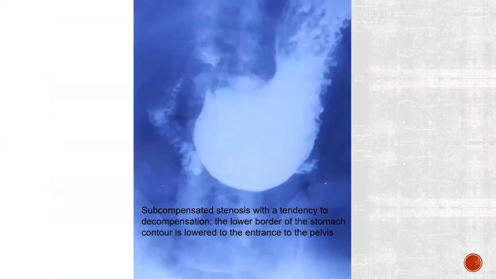The symptom of ulcerative niche. Here is the ulcerative niche of the ulcer. Deformed pylorus and enlarged stomach.